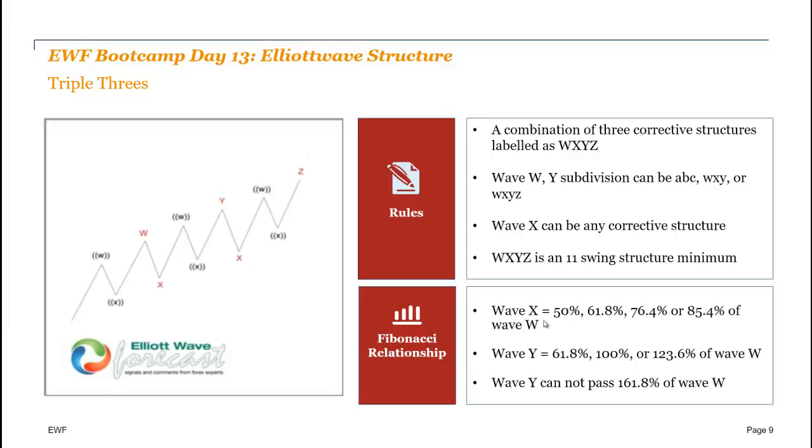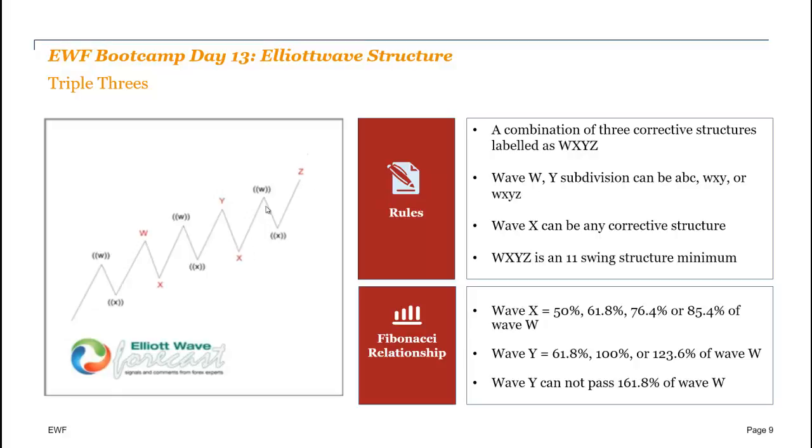In terms of the Fibonacci relationship, wave X is a retracement of wave W, so it's between 50%, 61.8%, 76.4%, 85.4% of wave W, and then wave Y here is nothing more than the same equal leg to wave W, so between 100% and 123.6% of wave W. Same thing with wave Z here.